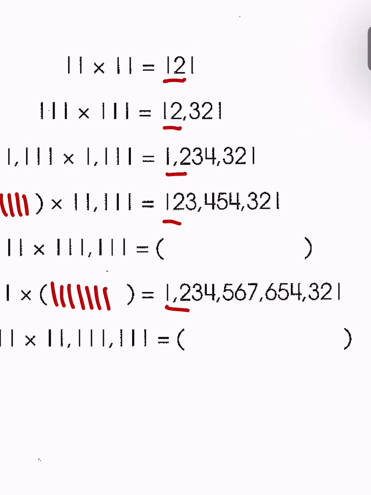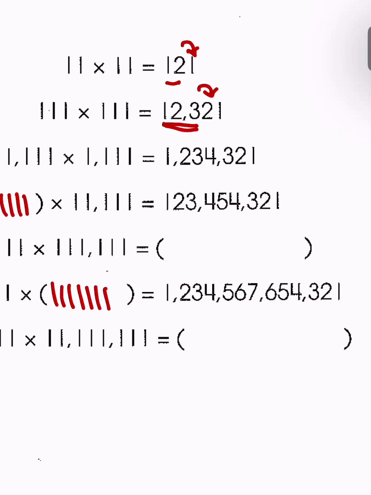But if you look carefully at the numbers, we see it's 1, 2, and then goes back to 1. Then here we have 1, 2, 3, and then it's going to go back down to 2, 1. So it's 1, 2 goes back down, 1, 2, 3 goes back down.